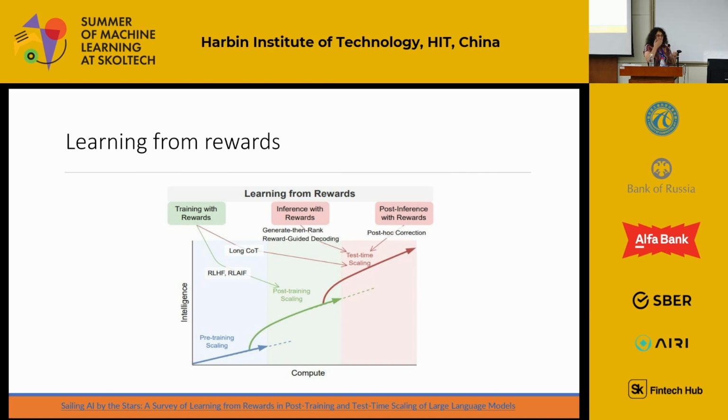So that's about the first research on emergent abilities of language models, but then the complexity of tasks which can be solved by LLMs increased. And there we can separate three stages of development of large language models. The first stage was just pre-training.